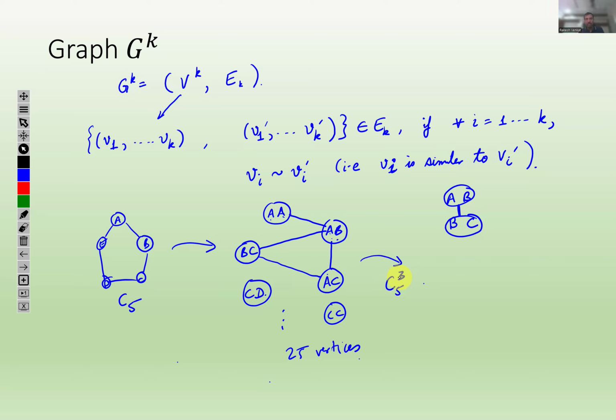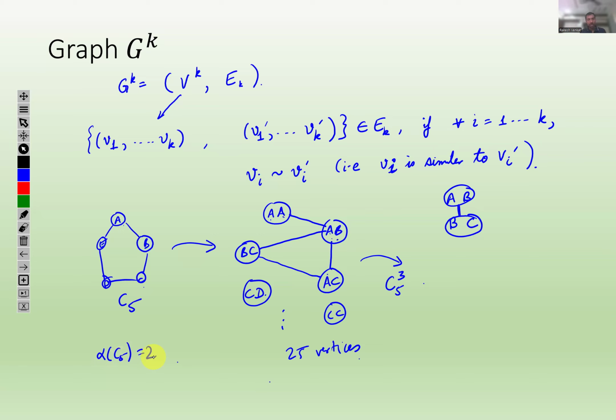So why are we considering these graph powers? If you think for a moment, if you had an independent set in the base graph of size 2, I claim that you can surely find an independent set of size 2 squared in the squared graph.